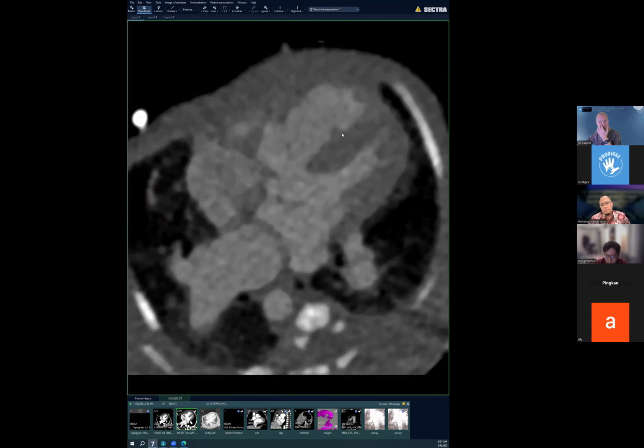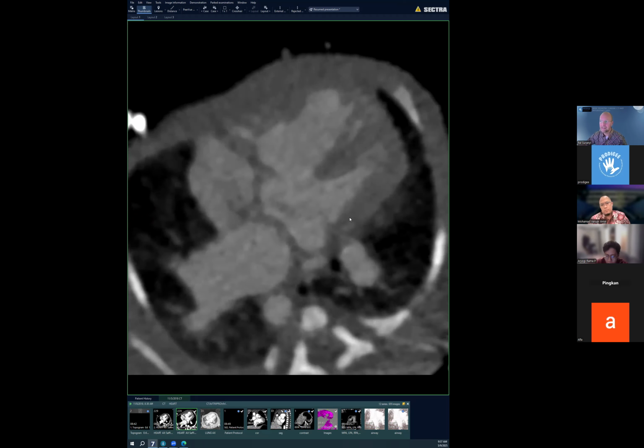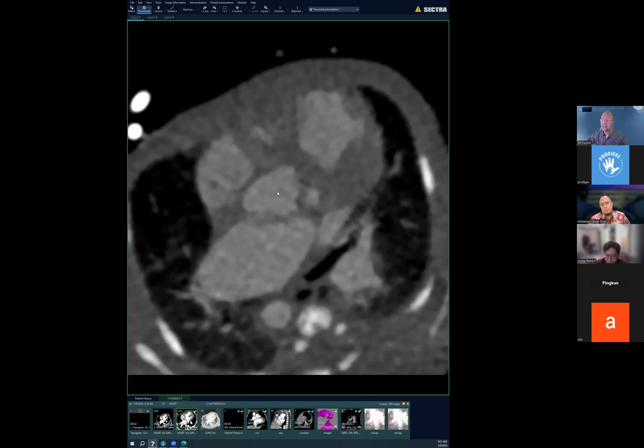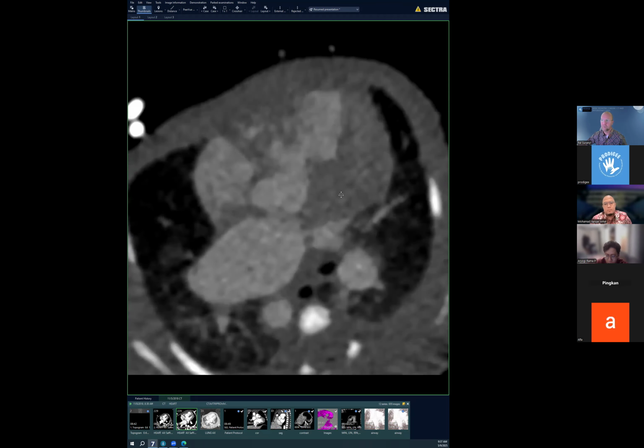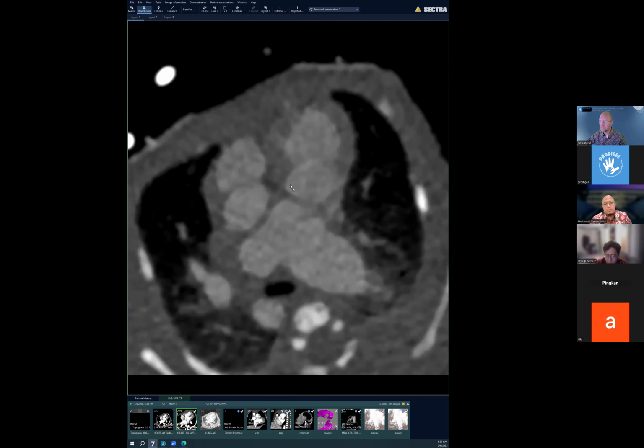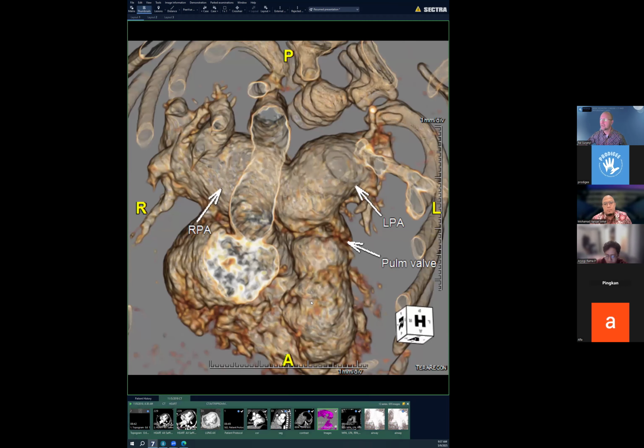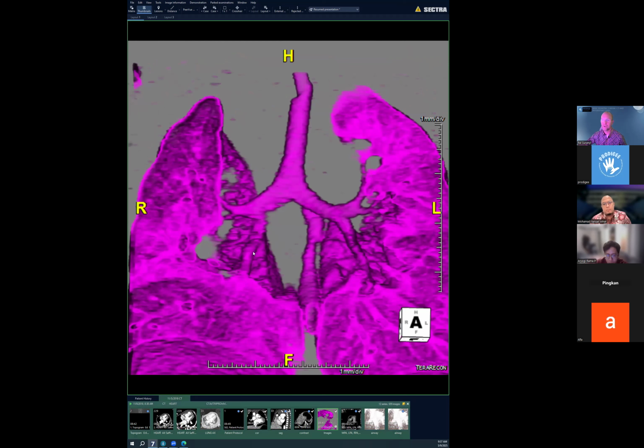So the right ventricle will experience systemic blood pressure. You see the aortic valve again overriding the ventricular septum, the ventricular septal defect. So this patient also had tetralogy of Fallot, and if you like volume rendering images, there you have again big pulmonary arteries with severe obstruction of the bronchus intermedius.